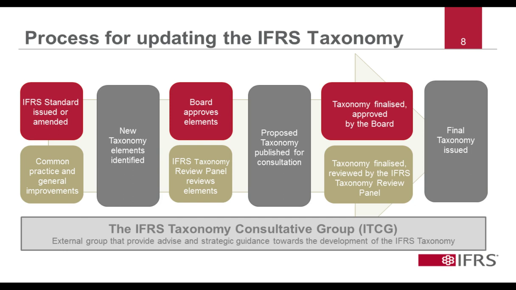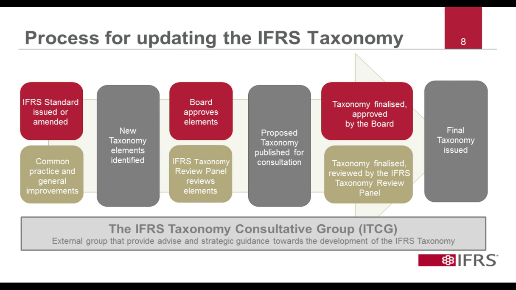So we can see that the due process for developing the IFRS taxonomy is similar to that for developing IFRS standards. When required changes to the IFRS taxonomy are identified, there's an internal review process by the board or review panel. The proposed update to the IFRS taxonomy is then published for public consultation.